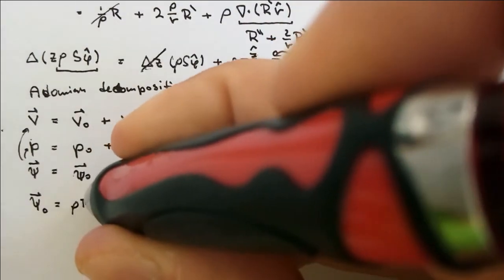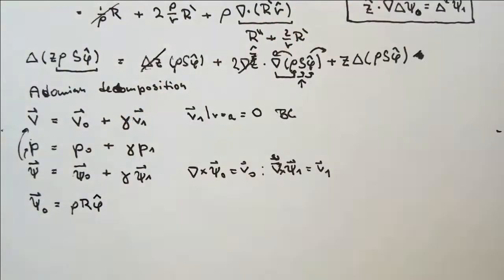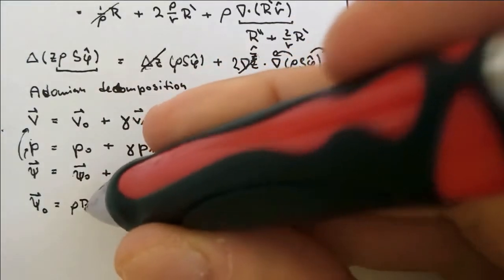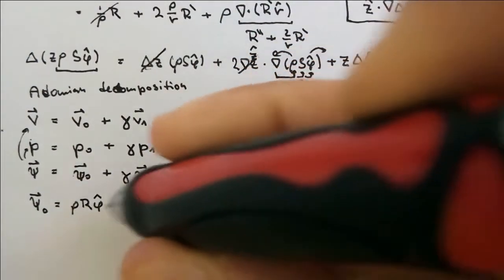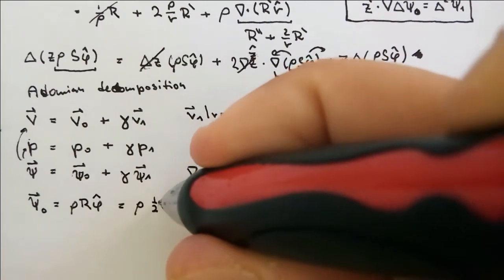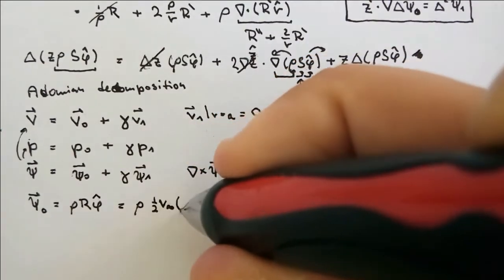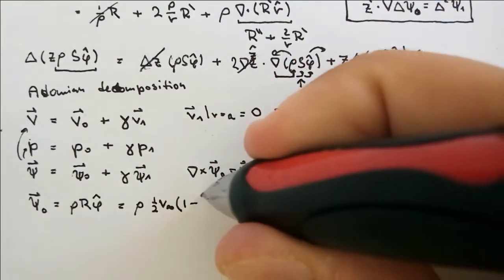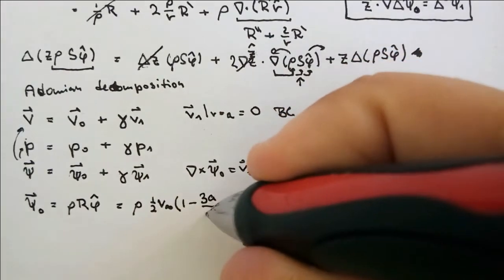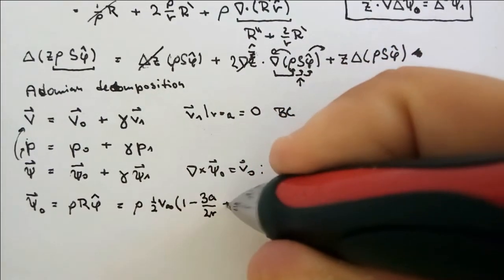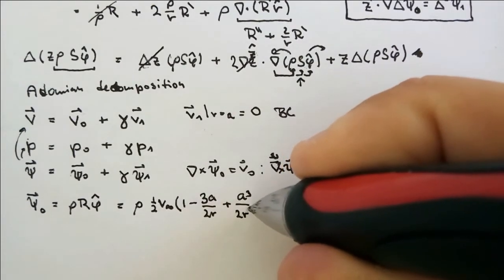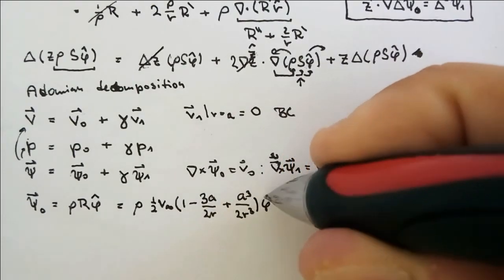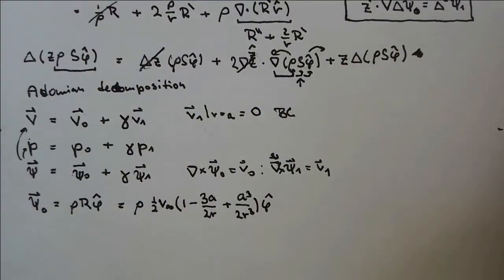It was rho times r times psi, and r was 1 over v infinity, you can check it, times 1 minus 3a over 2r plus a cubed over 2r cubed times this. This is the expression from the last video.